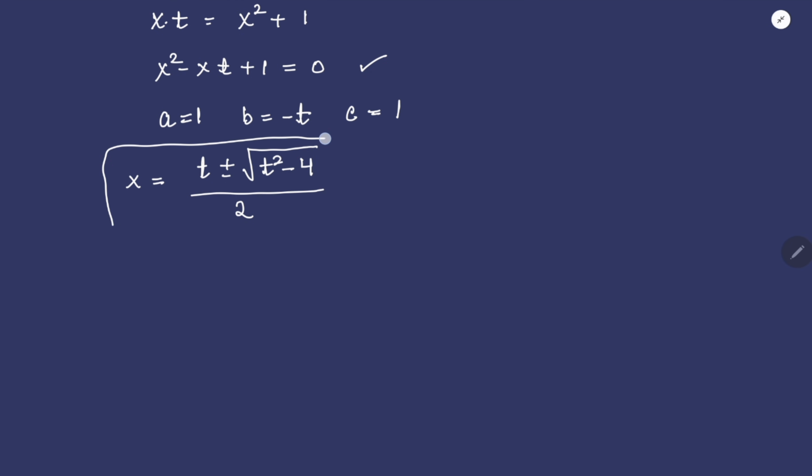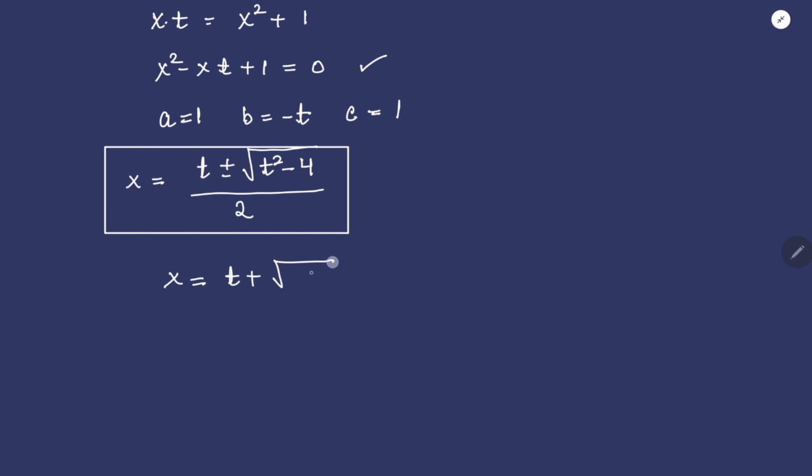So this is x. Now do you see that x has two values? One value is t plus under root t square minus 4 by 2, and another value is t minus under root of t square minus 4 by 2.